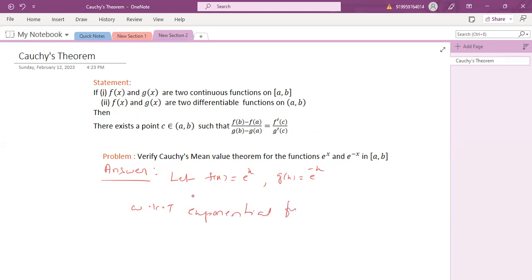Exponential functions are continuous on the total real line.